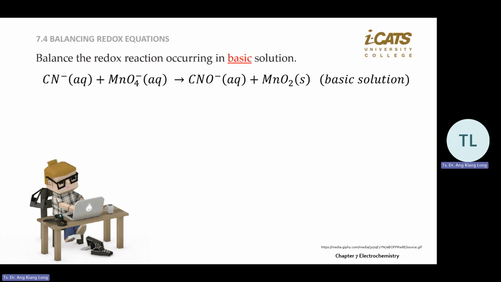First definition. CN negative is having what, oxidation or reduction? CN negative becomes CNO. Look at the product. What is added or what is removed?